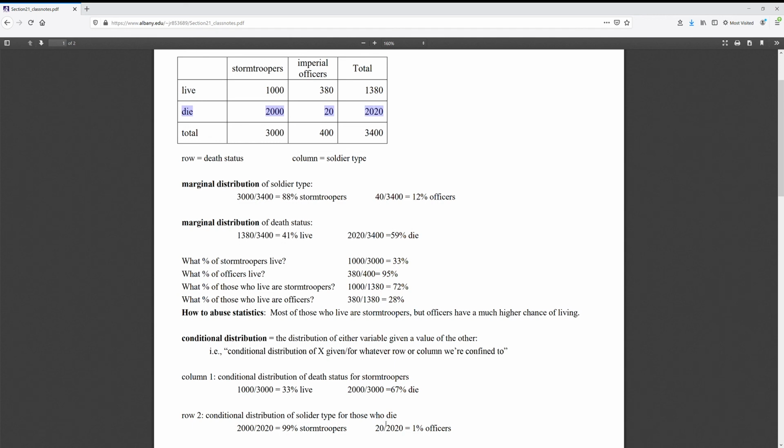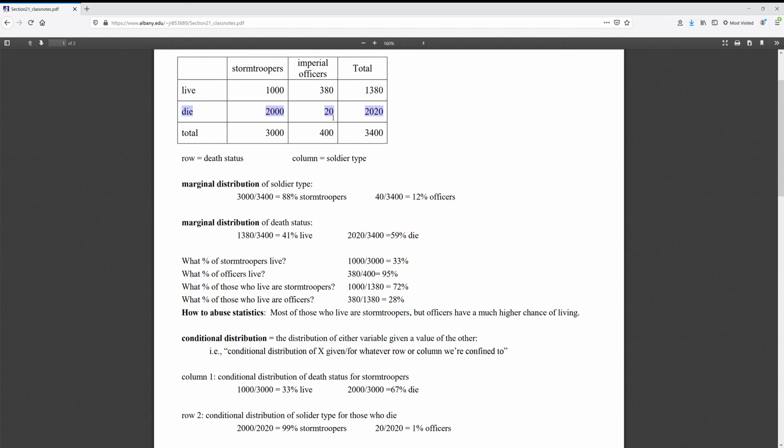Now again, if you're talking about people who die, they're either stormtroopers or they're officers, not both, not neither. So logically, they've got to add up to 100%. 99%, 2,000 divided by 2,020, is the percentage of those who die that are stormtroopers. 1% of those who die are officers.